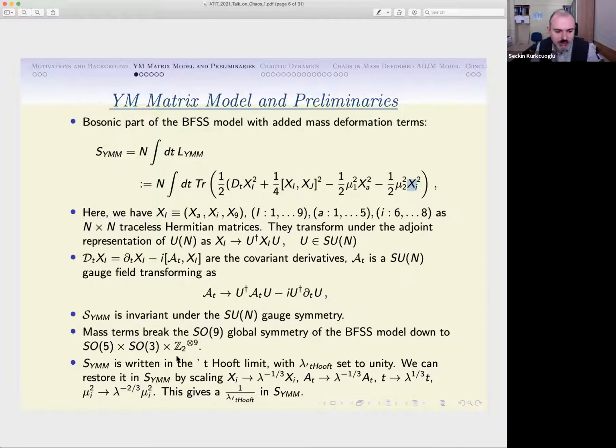And Z2 means that you can take every matrix to minus itself. So for each matrix, there are 9 copies of that. Well, isn't the initial global symmetry all of O9 rather than SO9? No, this is SO9, but that is fine, right? Okay, yeah, you can have this subgroup.